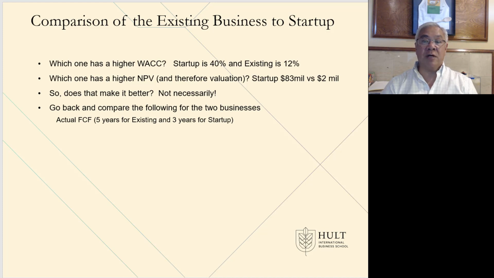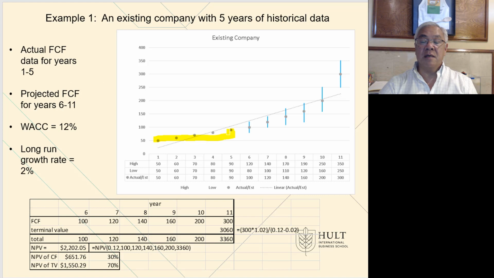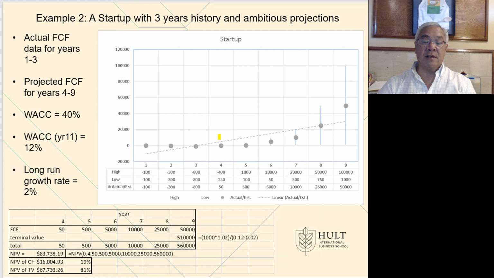Let's look at the annual cash flows for the existing companies versus the startup. This is before we do any projection. This is the history of the existing. Notice, first of all, they're all above 0, and it's showing a slow but steady growth. If we do the next one, and we do the same idea, we go, oh, we show a lot of negatives.